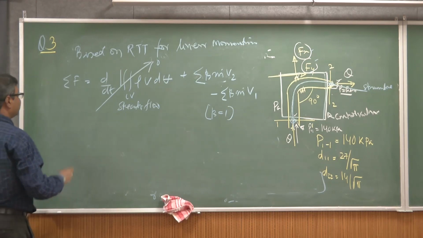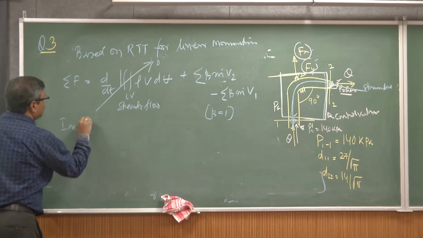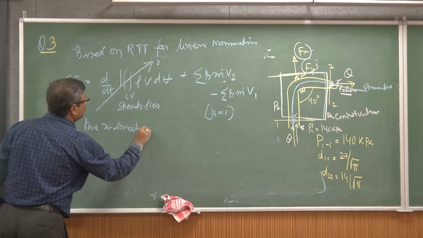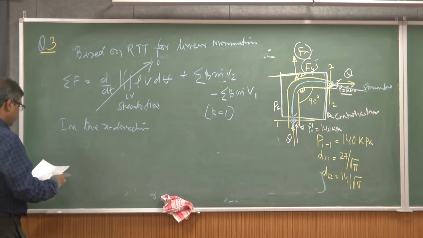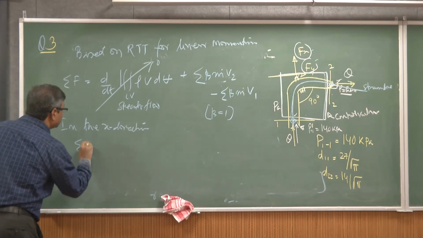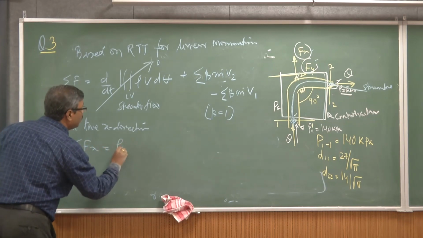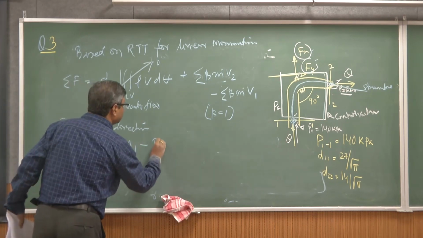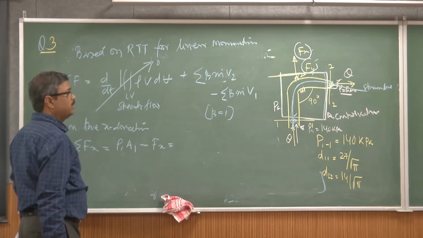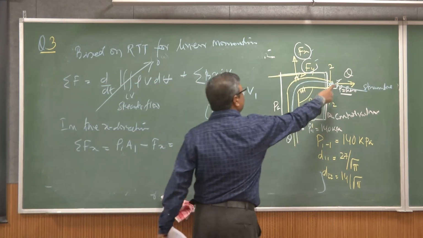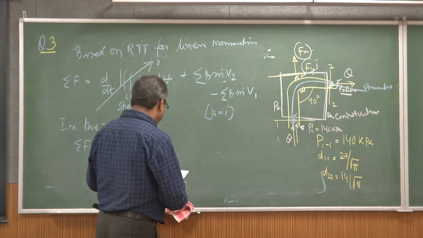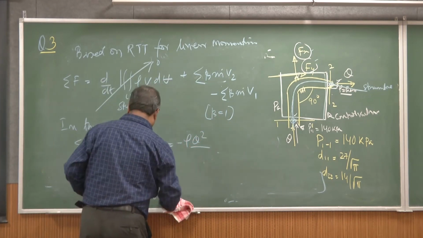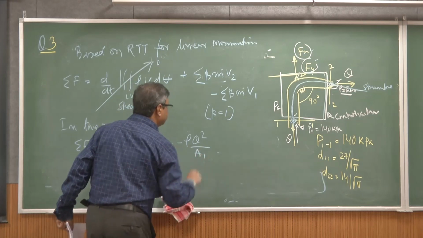If I apply in the x direction, you'll get the sum of the forces: Fx will be P1 A1 minus Fx, and in this case only these momentum flux components will come in, that will be minus rho Q squared by A1.